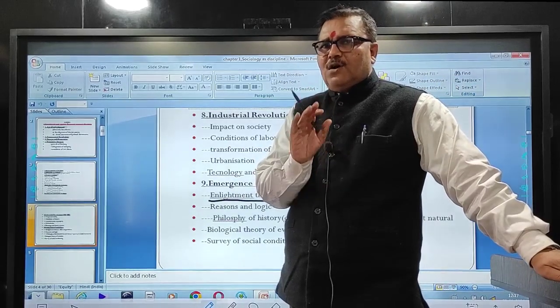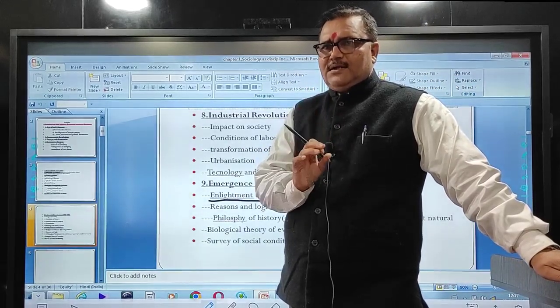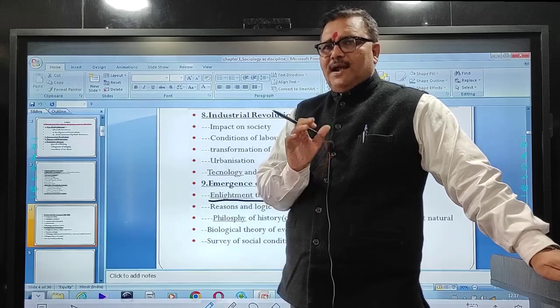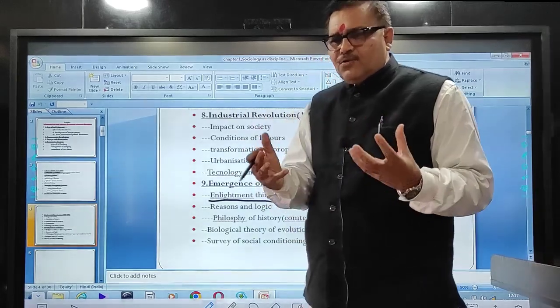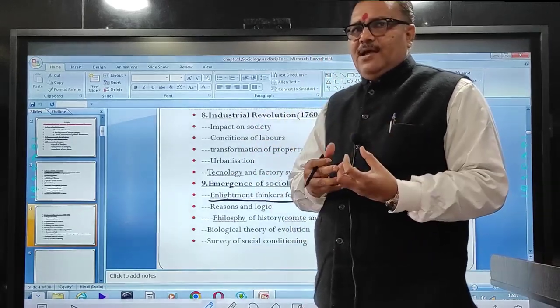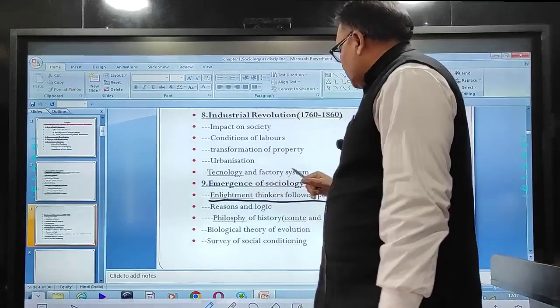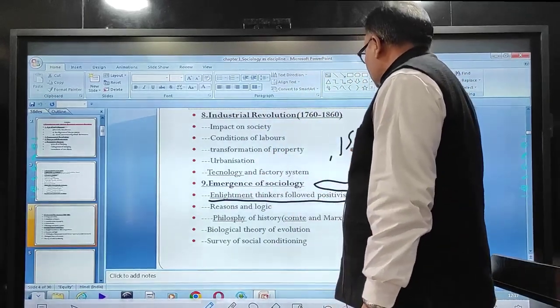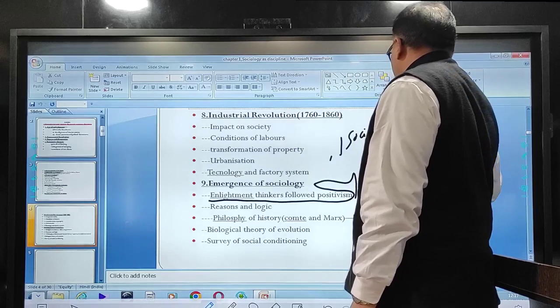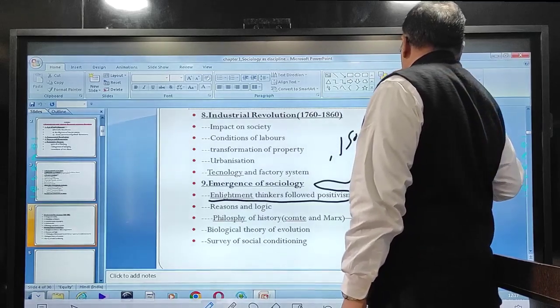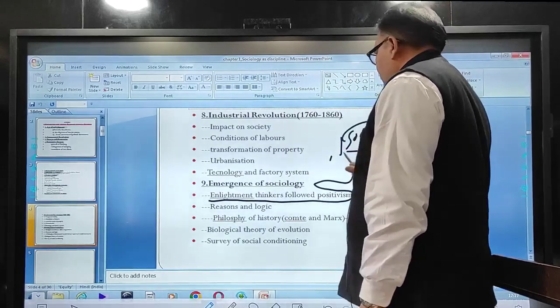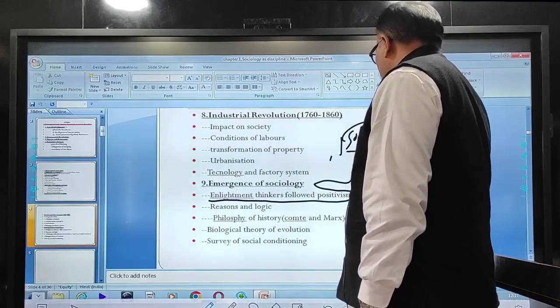So Auguste Comte was the first thinker who separated all the society related subjects and named it social physics. Firstly he named it social physics, and later on named it sociology.